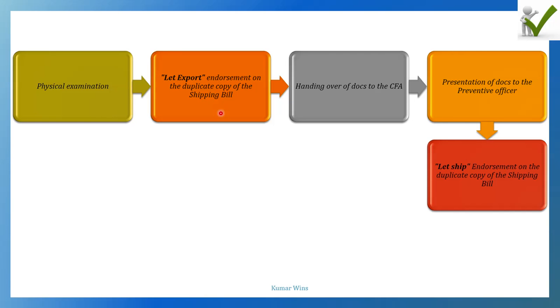So once the preventive officer allows the cargo to be loaded on board the vessel, he endorses the duplicate copy of shipping bill like late ship. Okay. So this constitutes an authorization by the customs to the shipping company to accept the cargo on the vessel.